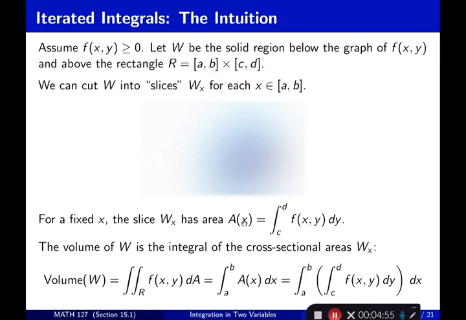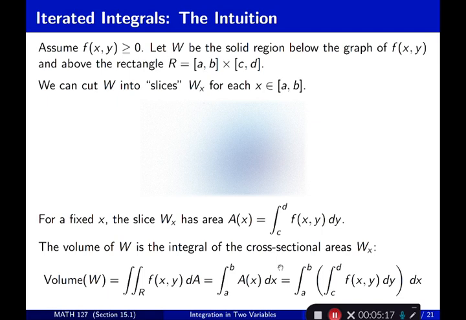Each area is that for a different x. The entire volume is the integral of that A of x from a to b. Why? Because x changes from a to b, and your integral is adding them all together.